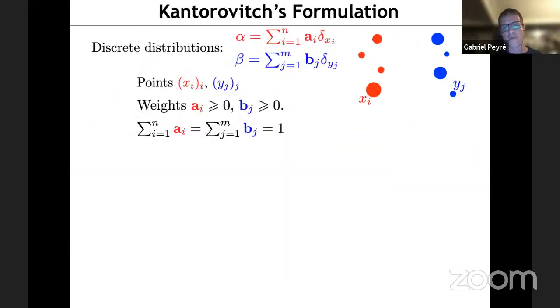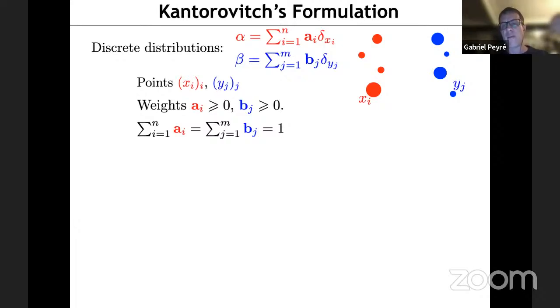Of course, the biggest contribution in this area was due to Leonid Kantorovich in the mid-20s, who basically reformulated this initial Monge problem as a tractable optimization problem over the space of measures, over the space of distributions. I would describe everything in discrete for simplicity of exposition, which means I would have points xi and yj, and these points would have some notion of probability, ai and bj, which are just histograms, positive numbers that sum to 1.